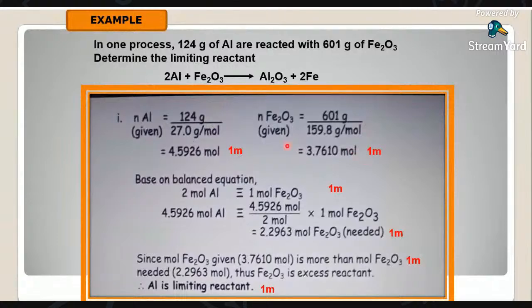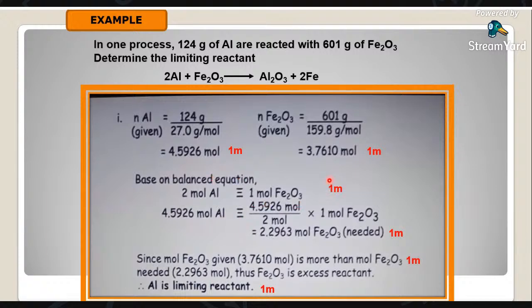After that, you can compare the stoichiometry between aluminium and iron oxide. From the balanced equation, 2 mole aluminium is equivalent to 1 mole iron oxide. So if we have 4.5 mole of aluminium, we need this amount of iron oxide. Here for your stoichiometry, you will get 1 mark.